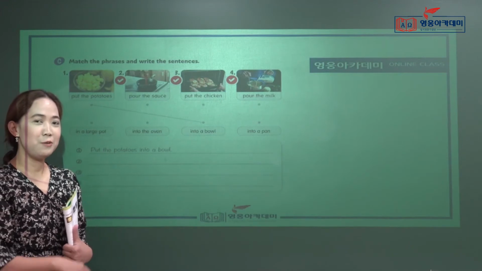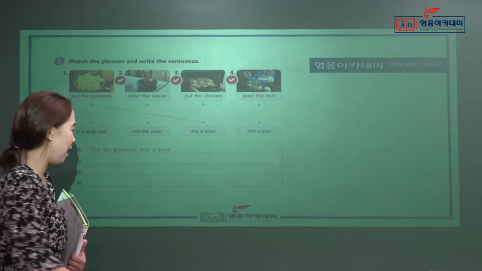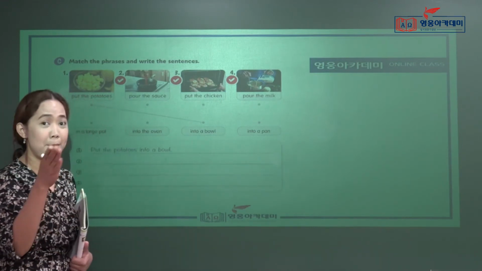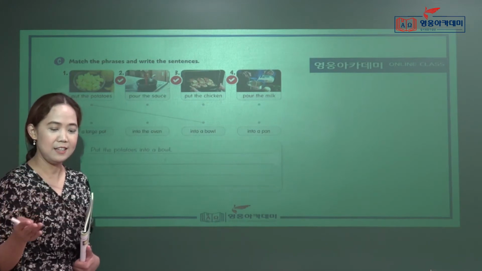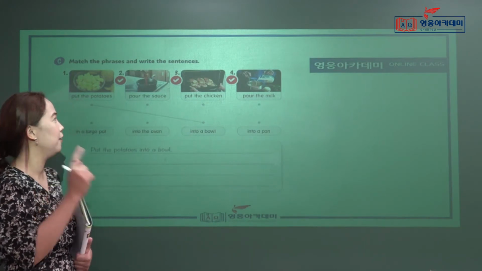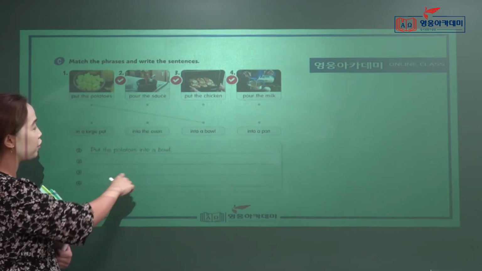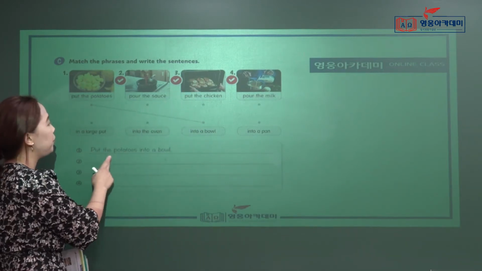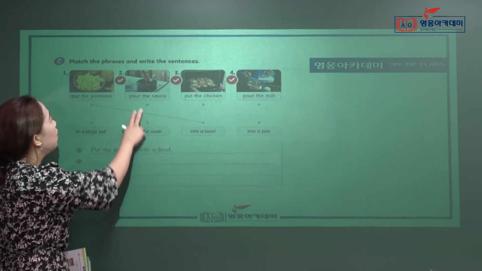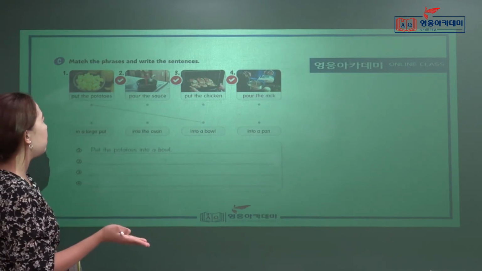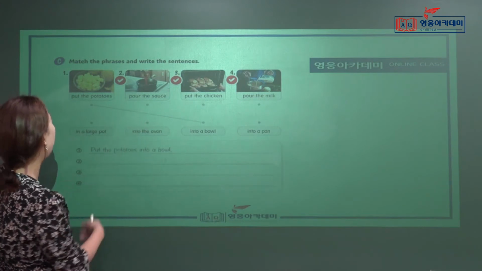Okay, now let's go to letter C. What is the instruction, guys? Let's read together. Match the phrases and write the sentences. Good. So the first one has been given for you. Put the potatoes into a bowl. Number 2, pour the sauce. Where is this person pouring the sauce?